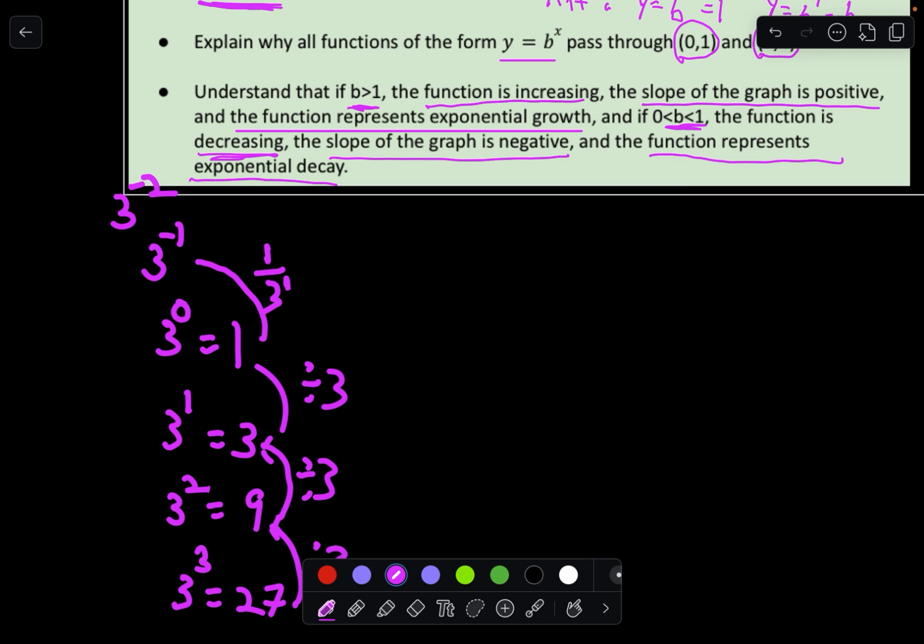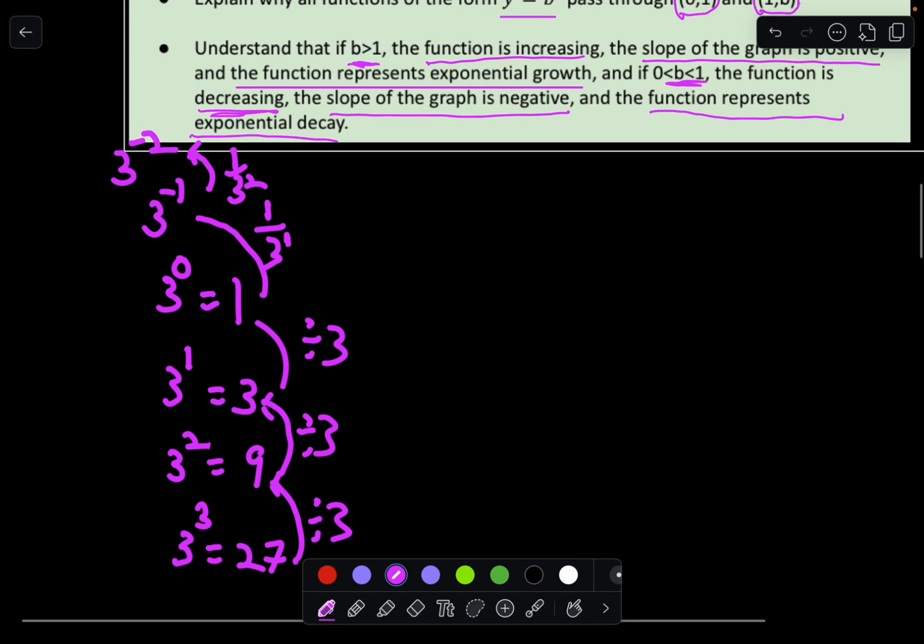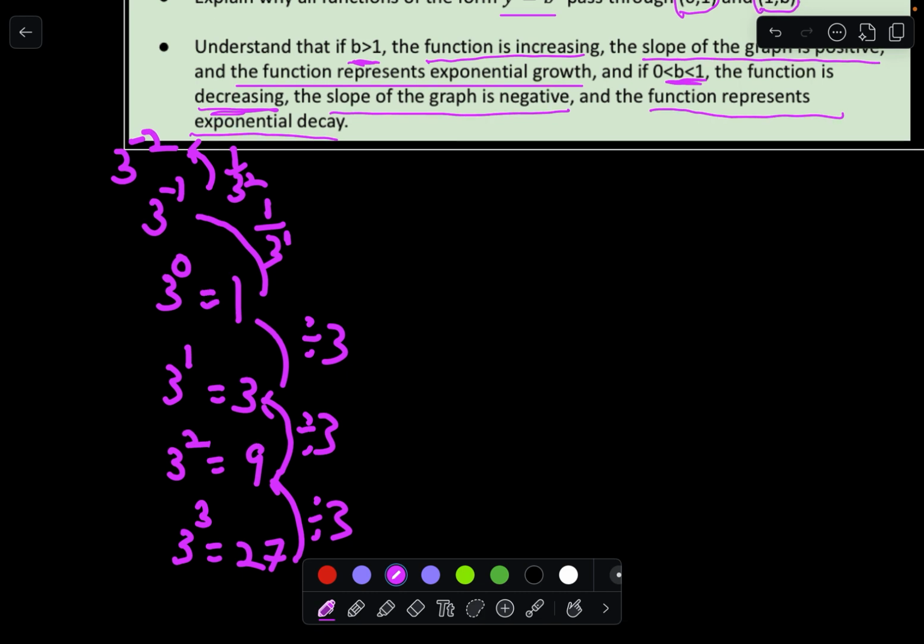So you have to remember that negative exponents move the base downstairs. That's an important concept, because 3 to the negative 2 is not negative 9. It's 1 over 3 squared, which is 1/9, which is smaller than 1/3, which is 3 to the negative 1.